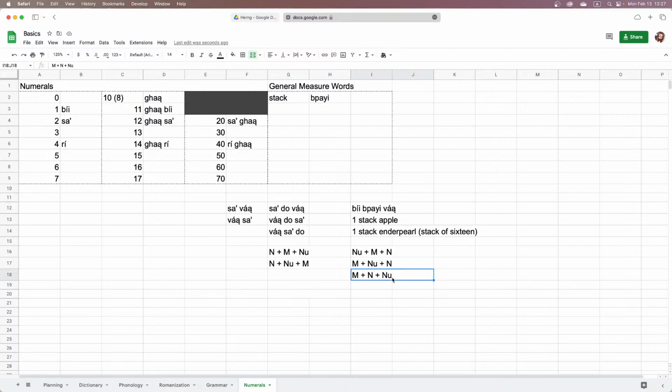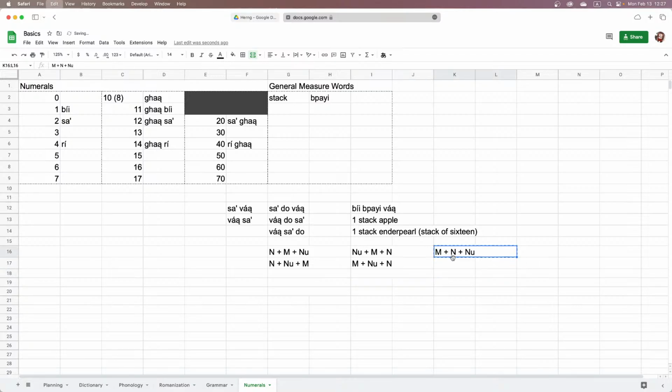I mean, we should put this over here. And then also take it to its logical conclusion of numeral plus noun plus measure word. Which I will say looks a bit weird.